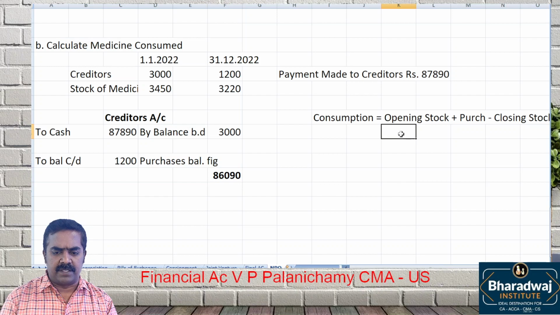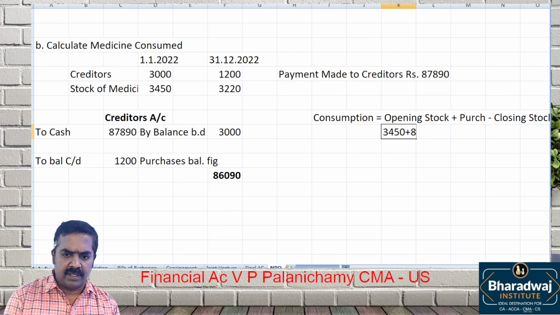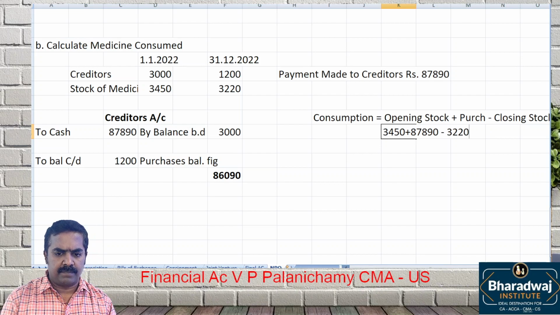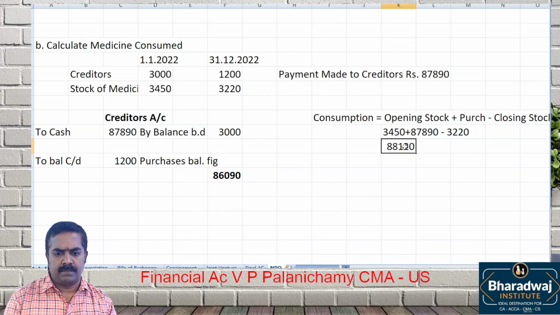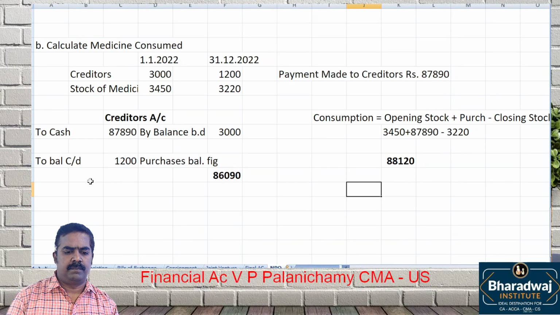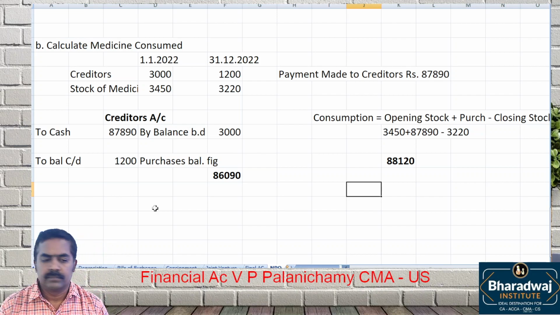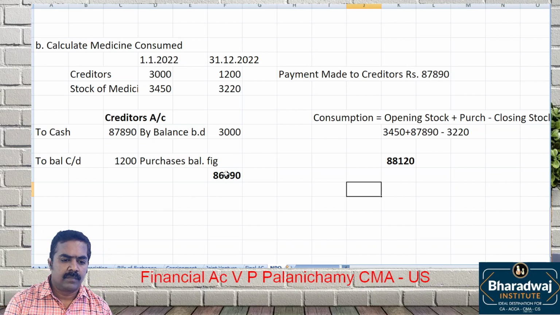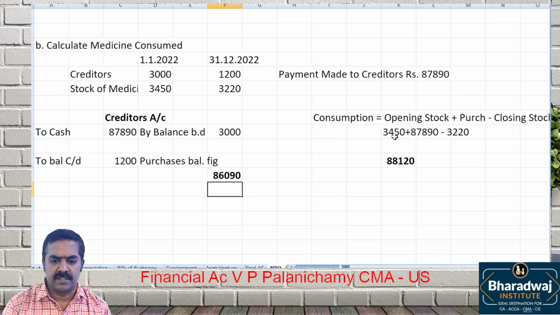Opening stock plus purchases minus closing stock. 3450 plus how much have we purchased? 87890 minus closing stock. Tally it. Purchases 86,000.